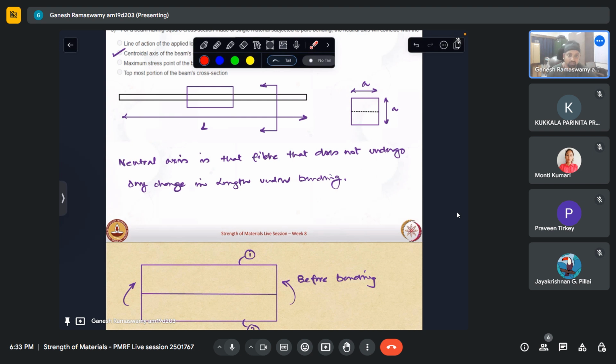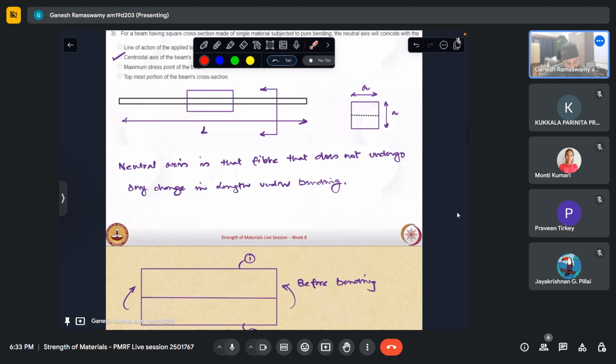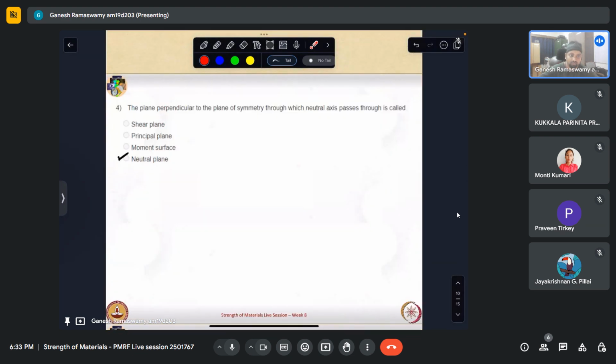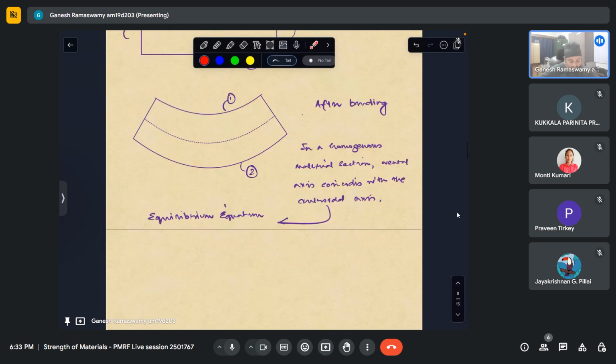Granted, these effects are there, but these are second order effects. The main response of the beam we capture by cutting the central plane and applying the bending equations. So that is why this question is asked. Essentially, we should know which plane we are cutting into. Let us say that we did not have symmetry about this plane.